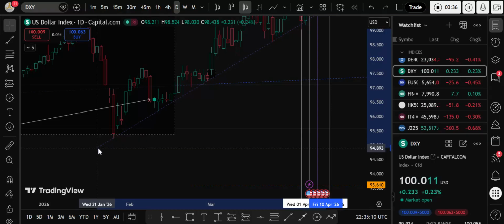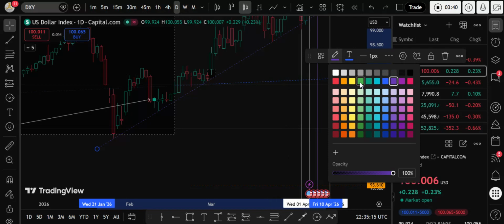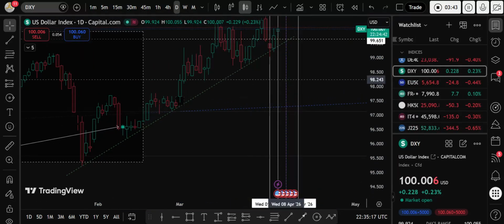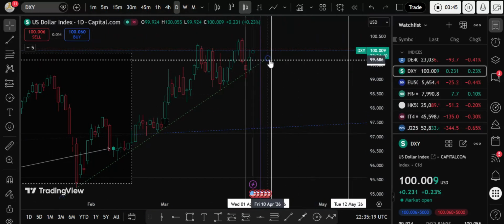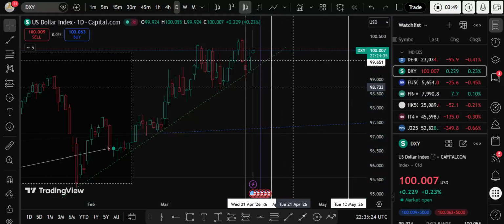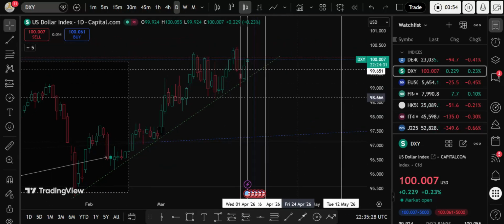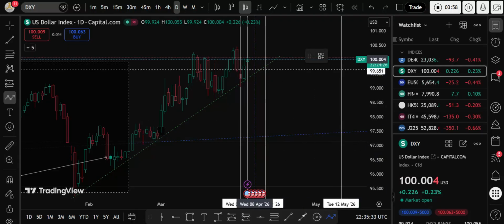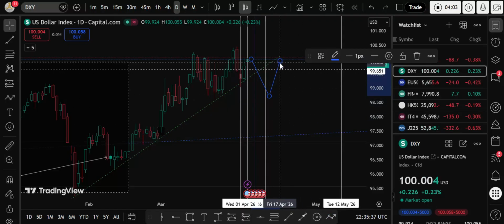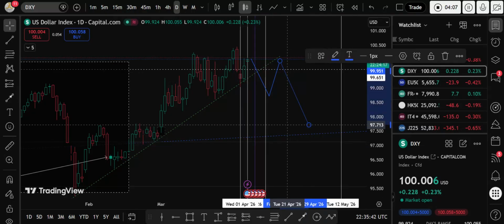Let me adjust it. So as I said earlier, the way the DXY moves, the euro USD will move in the opposite direction. So if the DXY is going down, it means the euro USD is going up. So guys, what we are expecting on the DXY is a breakout, retest, then we move downwards.